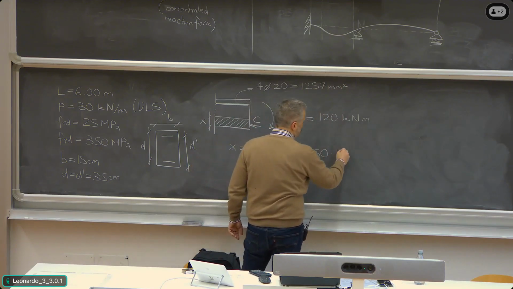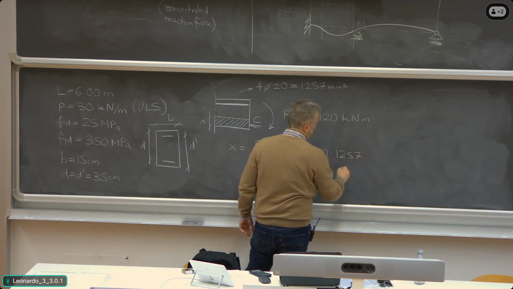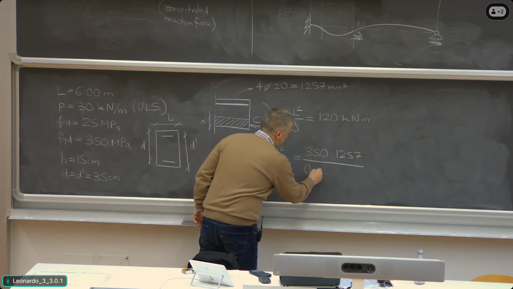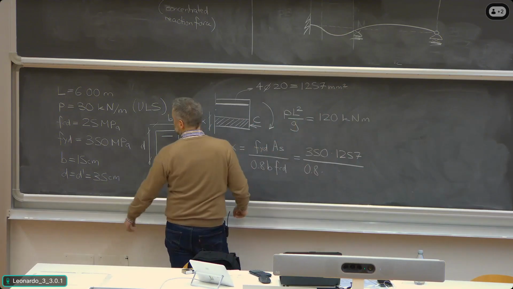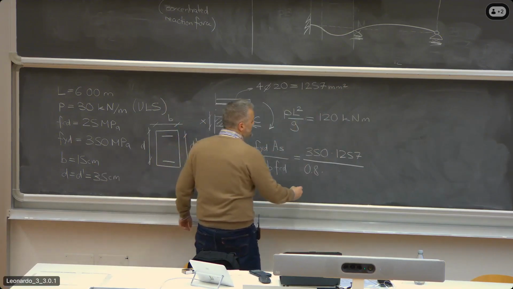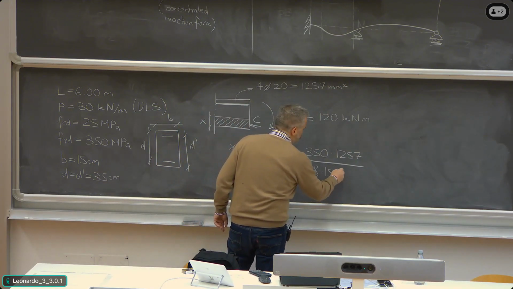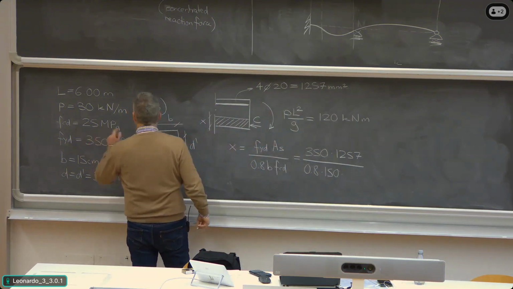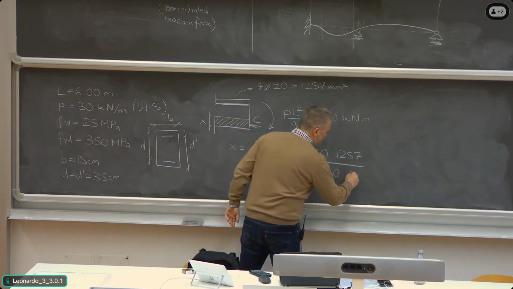So multiplied by 1257 square millimeters divided by 0.8 times B, 15 centimeters, which means 150 millimeters, and FCD is 25 megapascals, which we can leave as they are.